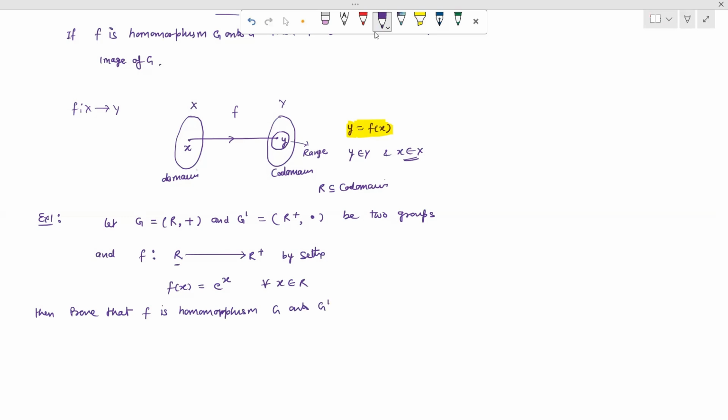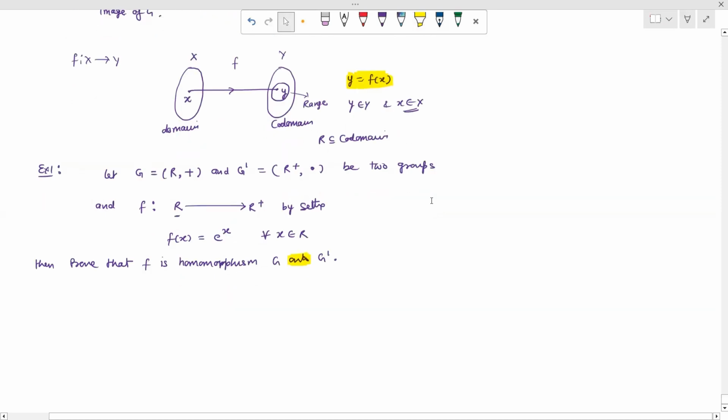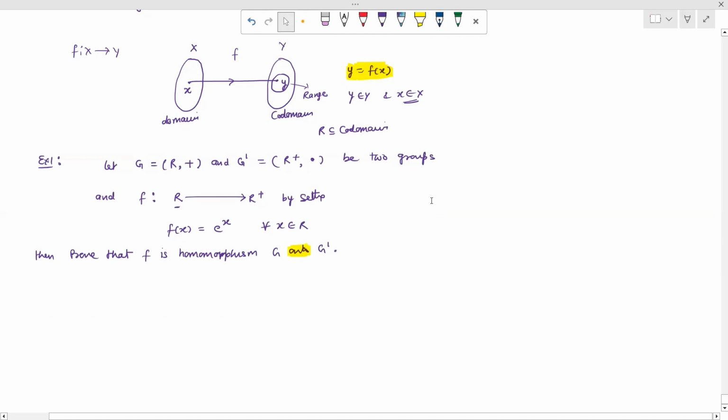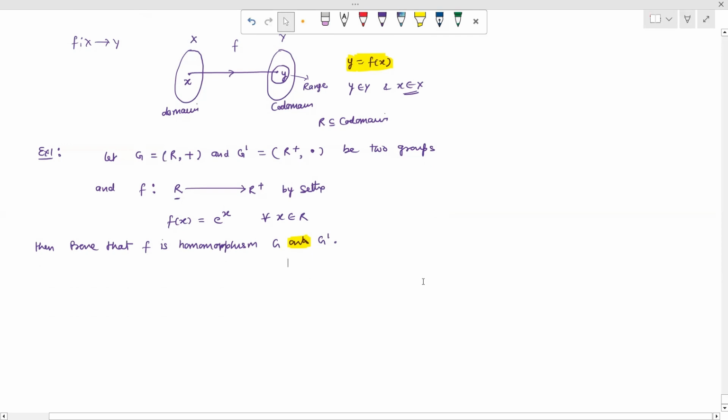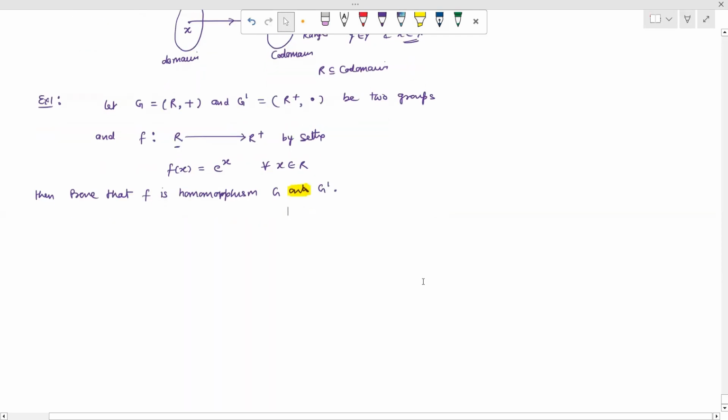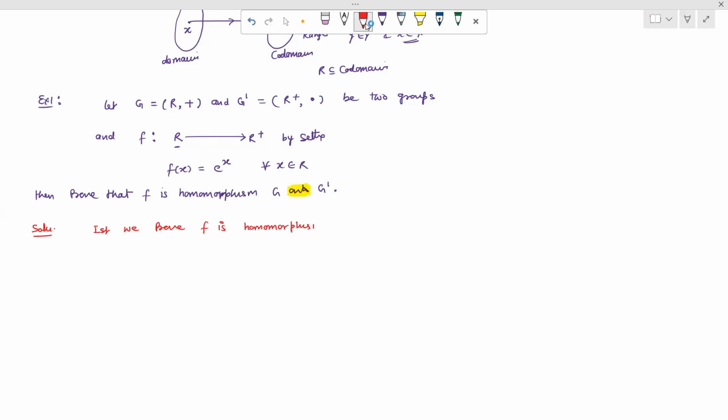You have to keep in mind that here we are proving G onto G dash. So it is necessary to prove that the function is a homomorphism and the function is onto. For onto, we take an element of set B and show that this element has a pre-image in set A. For the solution of this example, first we prove that f is a homomorphism G into G dash.